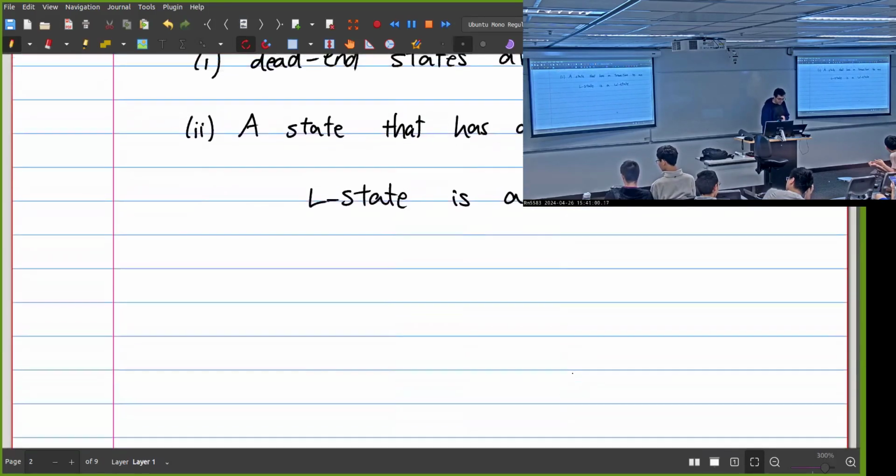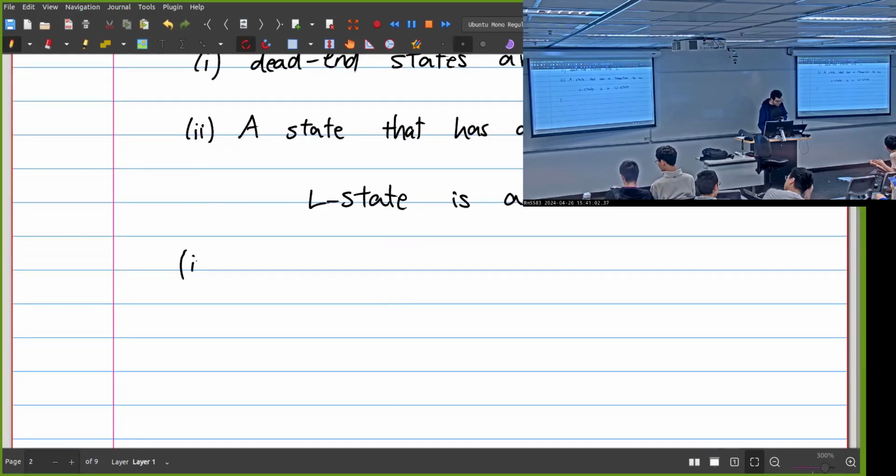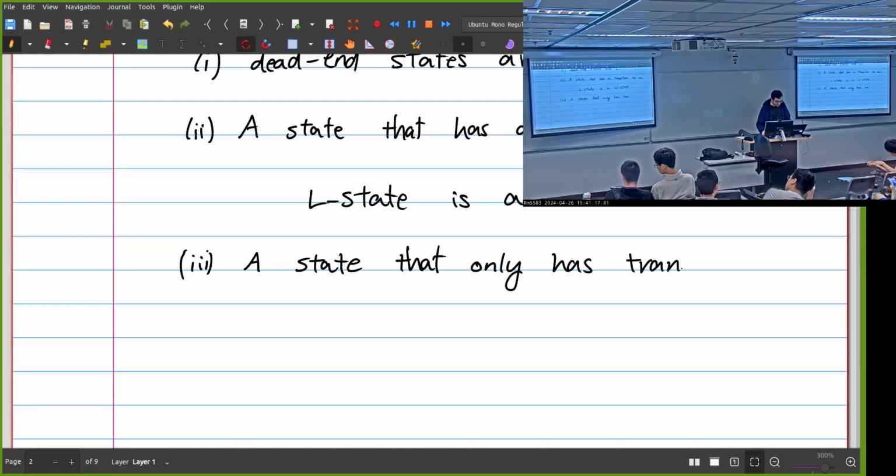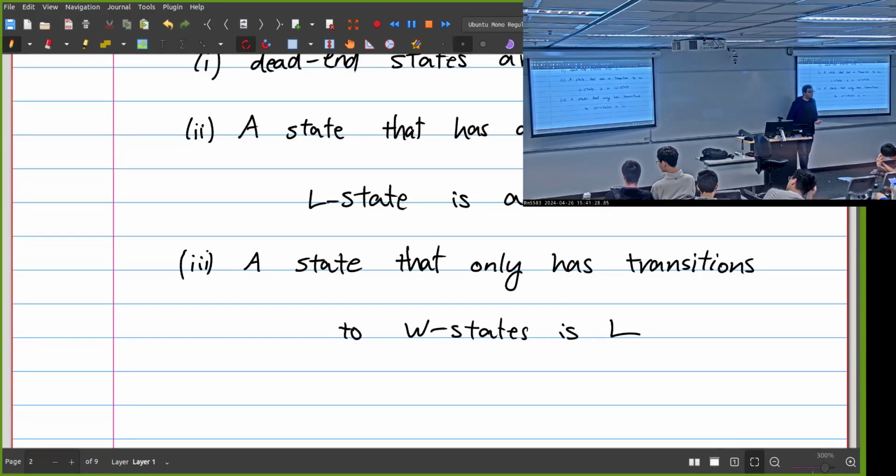And finally, if all of the transitions out of a particular state go to W states, then that's an L state. A state that only has transitions to W states is L. Okay, so this is our definition of what's a losing state and what's a winning state.